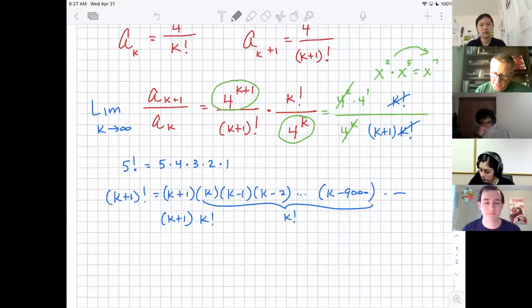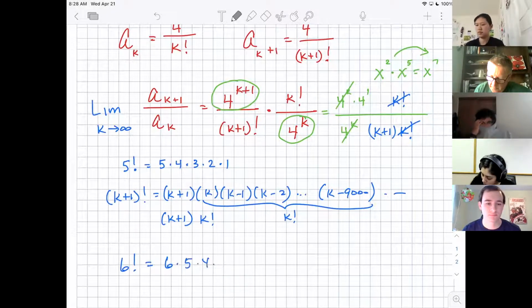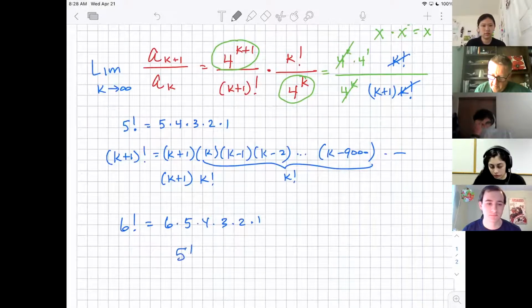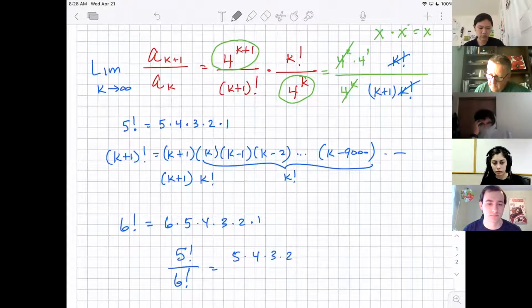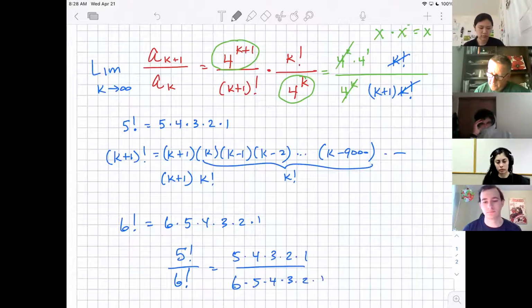I'll erase this, but just so that you understand where this is going, if we had 6 factorial, of course, that'd be 6 times 5 times 4 times 3 times 2 times 1. And if we divided 5 factorial by 6 factorial, doesn't all of the 5 factorial part cancel, just leaving the 6?